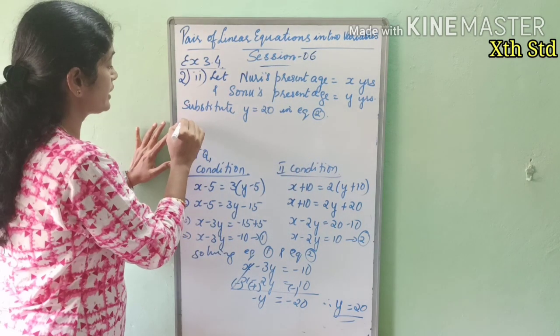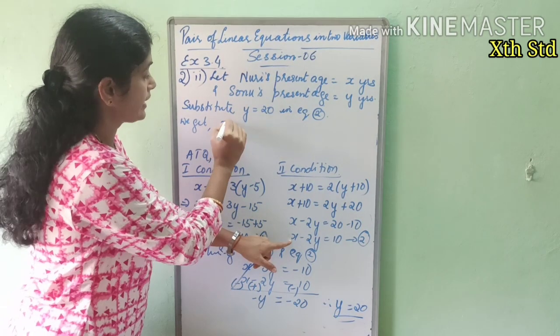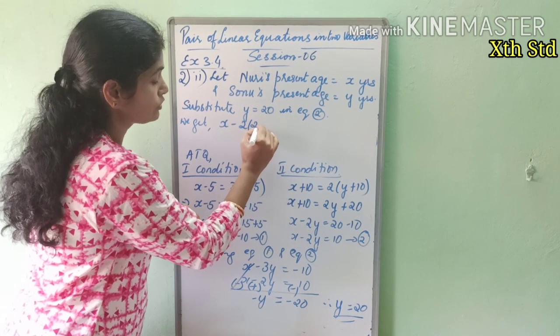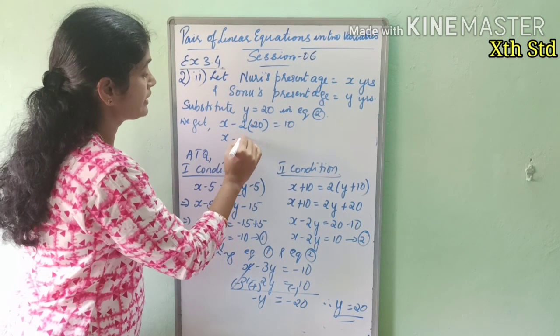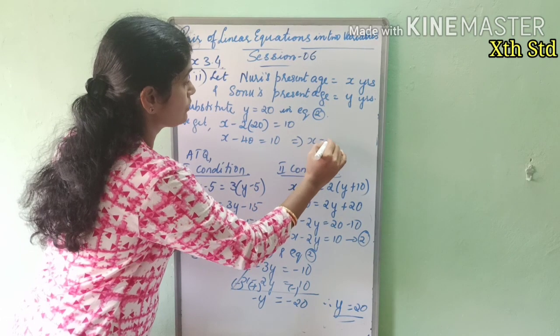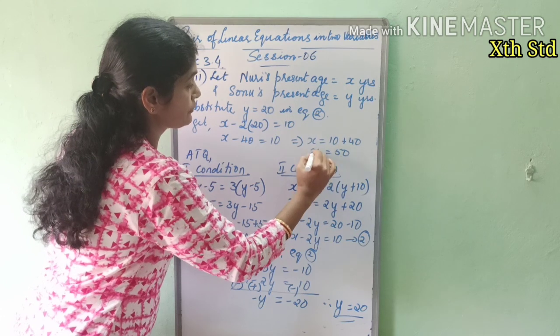What do we get? When you are substituting, it's x minus 2 into, in place of y, it's 20, equal to 10. So x minus 40 equal to 10 implies x is equal to 10 plus 40. That is x is equal to 50.